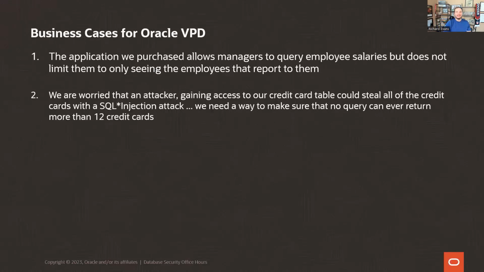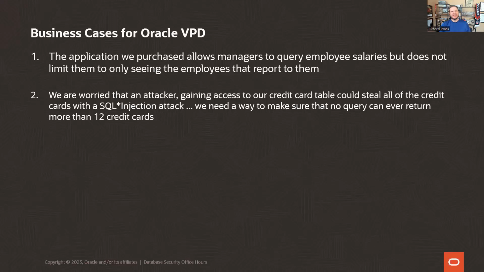We're worried that an attacker could gain access to our credit card table and steal all the credit cards with a SQL injection. We need a way to make sure that no query can ever return more than 12 credit cards. I mean, that is spot on. These are Dan's examples, and they're so great because he's done this in real life, right? Medical records as well, right?